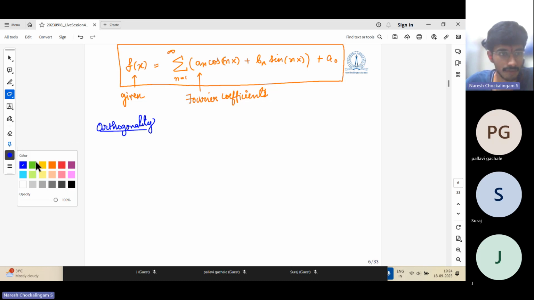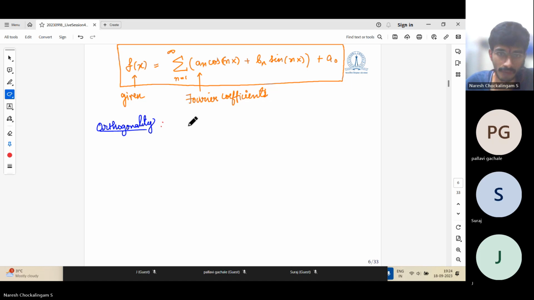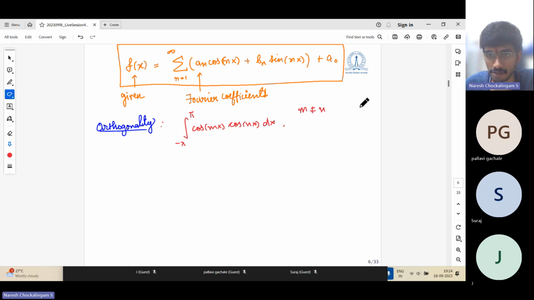So it is simple. Suppose you consider this integral, minus pi to pi cos mx cos nx dx when m is not equal to n. We'll also consider the case when m is equal to n.